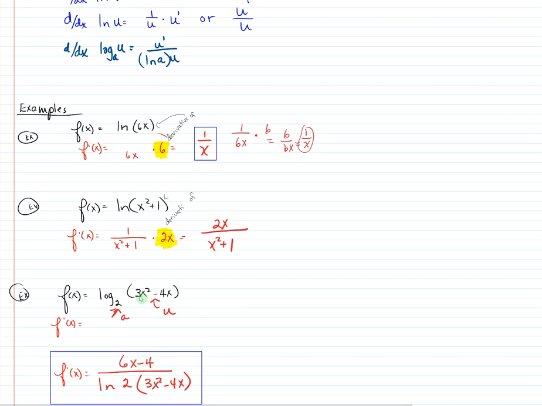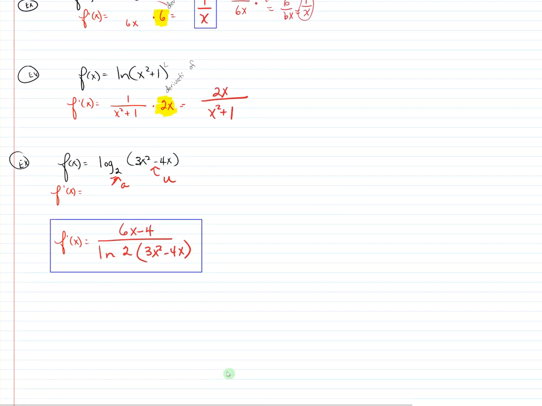Next, log base 2 of 3x squared minus 4x, so that's log base a of u. What's the derivative of u? That's 6x minus 4, and that goes on top. On the bottom, following the rule, it's ln a, so ln 2 times whatever u was, which is 3x squared minus 4x. So you just have to follow the rules.